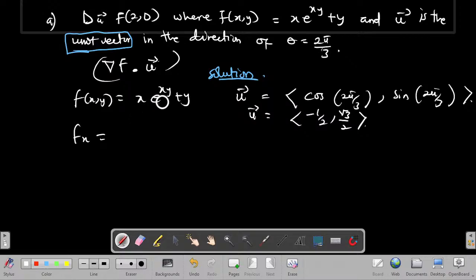So how do we simplify this? If you want to differentiate with respect to x, y here becomes a constant, so here it becomes 0. But this expression, since we want to differentiate with respect to x, becomes the product rule, because this one confuses a lot of people.